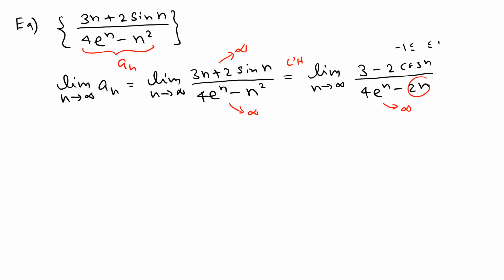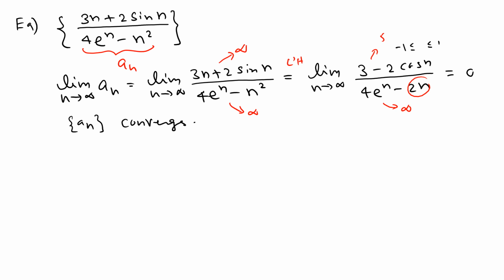So e^n goes to infinity, but the top is stuck at 5. That means this whole thing is 5 over a large number, 5 over infinity, so it goes to 0. That means the sequence converges. So a_n converges.